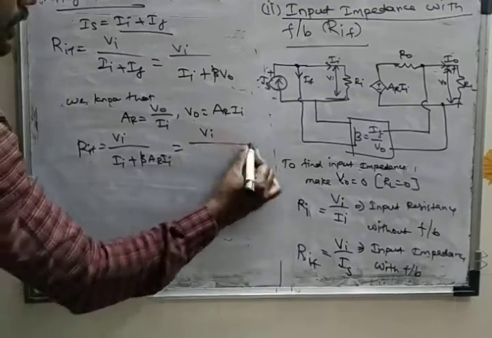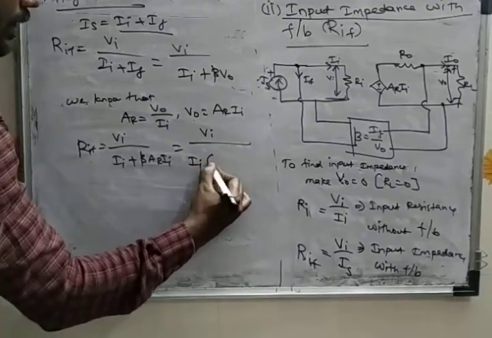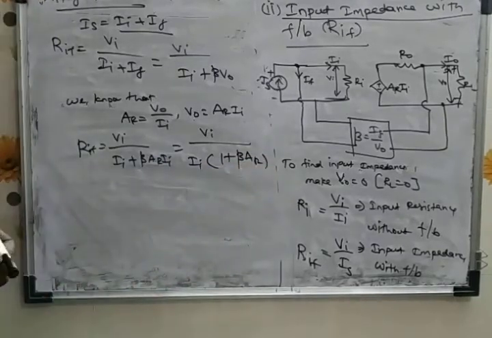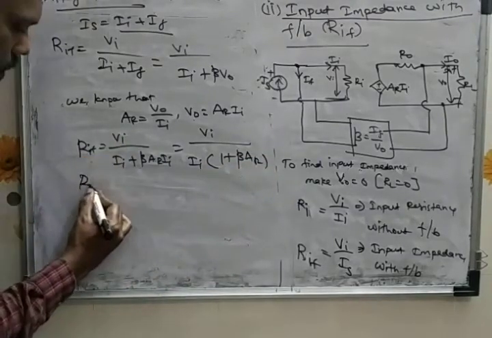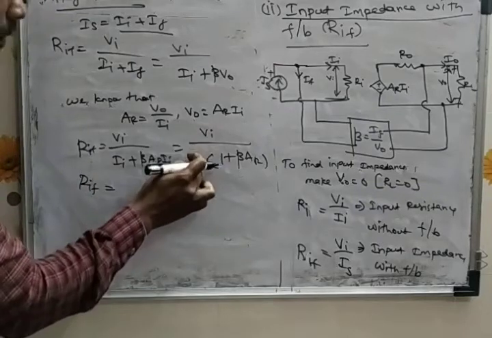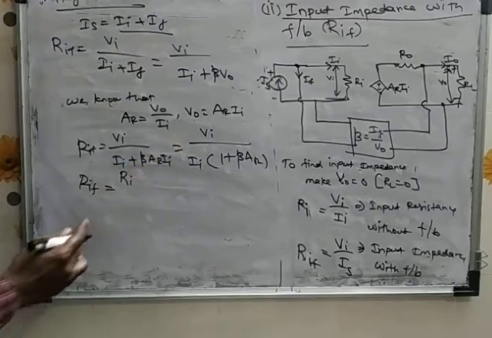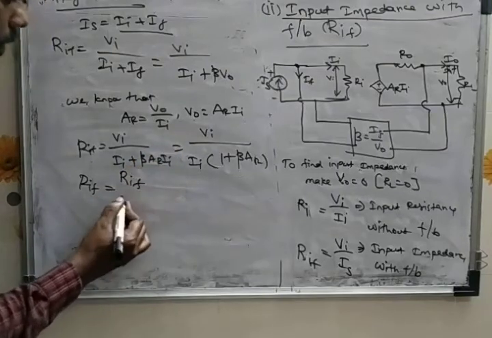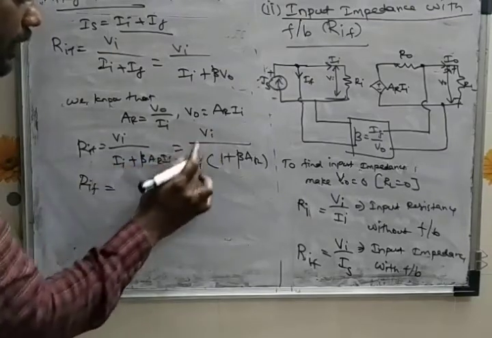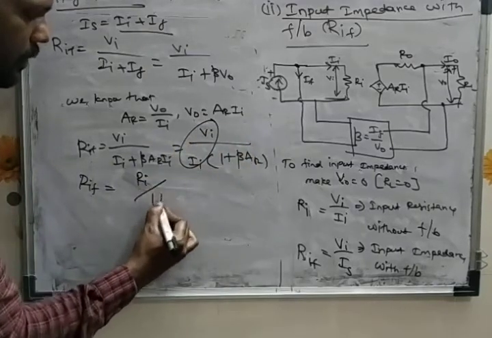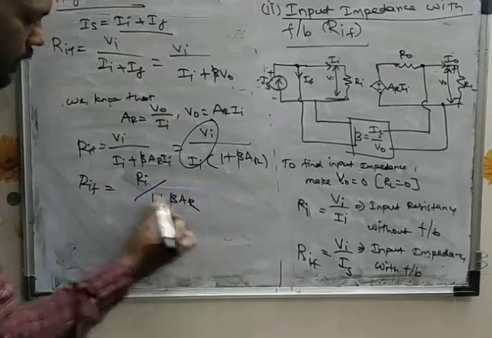Take IA common and you will get 1 plus beta AR. VA by IA is Ri, so RIF is equal to Ri divided by 1 plus beta AR.